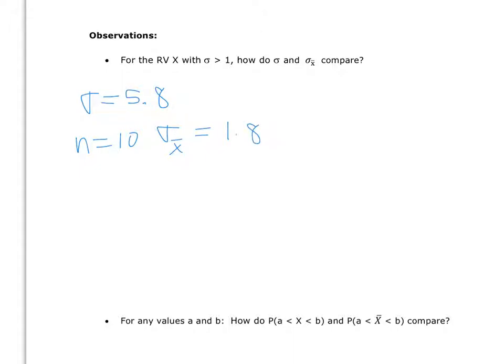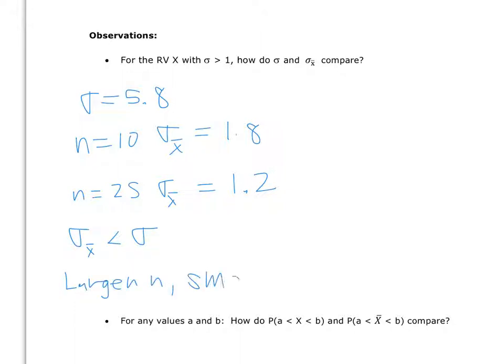And then when we had a sample size of 25, the standard deviation of x bar was even smaller at 1.2. So what we can say is that the standard deviation of x bar is less than the standard deviation of the random variable, and the larger the n, the smaller the standard deviation for x bar.